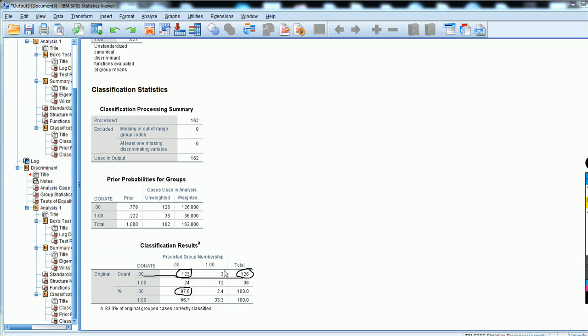Where you have this cell right here, these would be a case of a false positive, where we had 3 people who were predicted by the model to express an intention to donate, out of the 126 who did not.